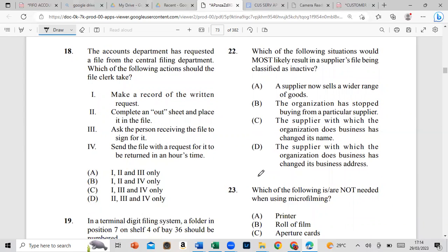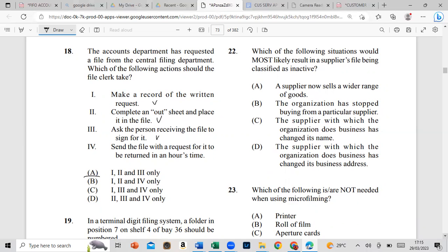It's too much to read out, so it's going to be 1: make a record of the written request, 2: complete an out sheet and place it in the file, and 3: ask the person to receive the file to sign for it. So that would be A.